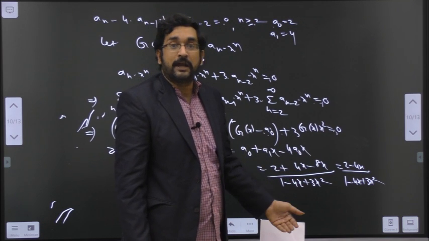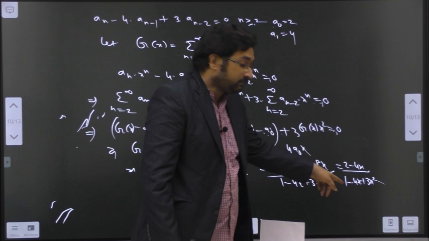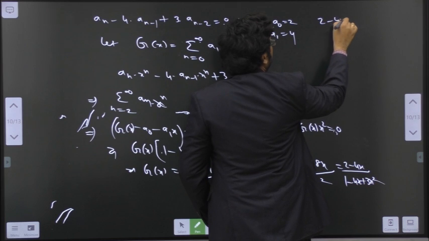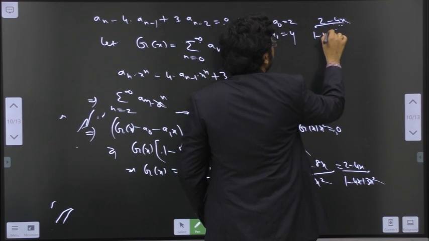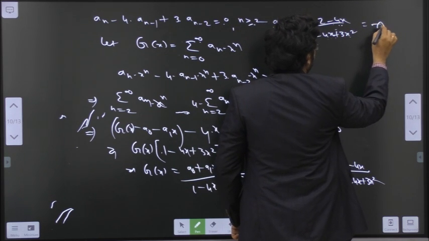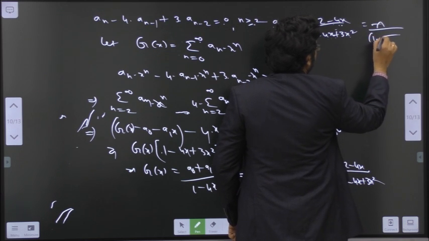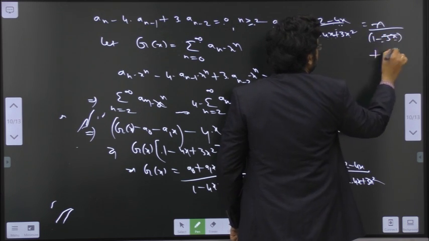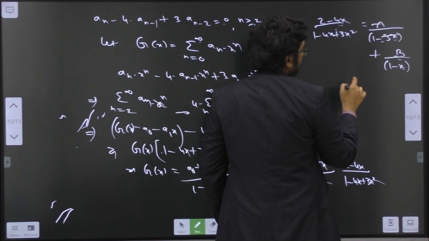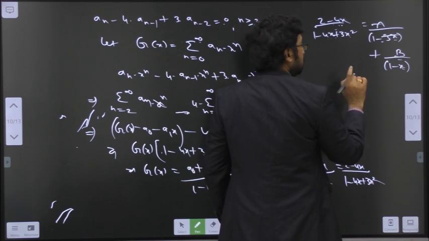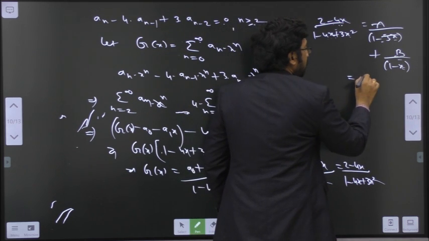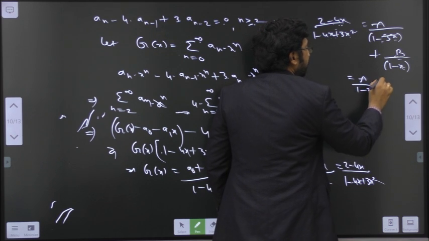Now we should find factors for the given problem. So it can be written as 2 minus 4x by 1 minus 4x plus 3x square equal to a by 1 minus 3x plus b by 1 minus x, after finding factors.